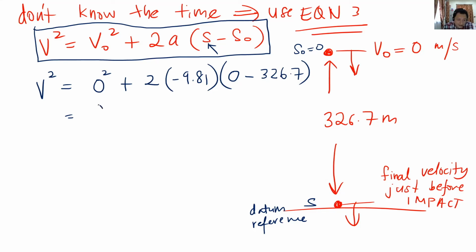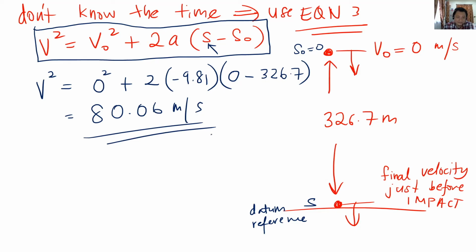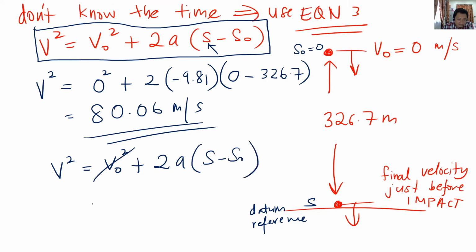So you're going to get velocity is equal to 80.06 meter per second. Okay. This equation has been simplified. V squared is equal to V naught squared plus 2A S minus S naught. Ini simplified.